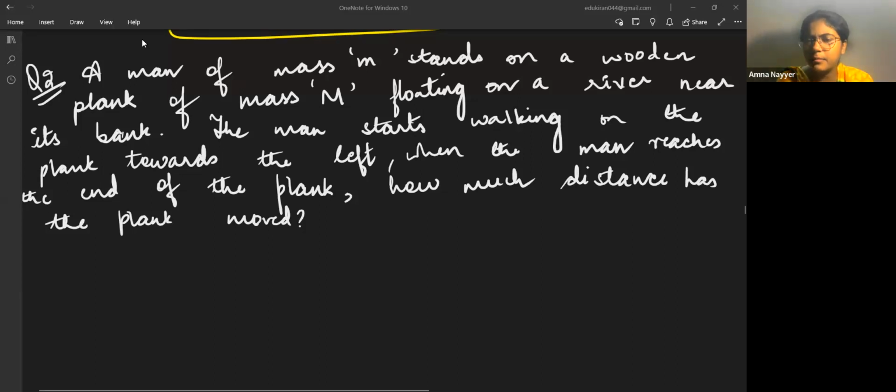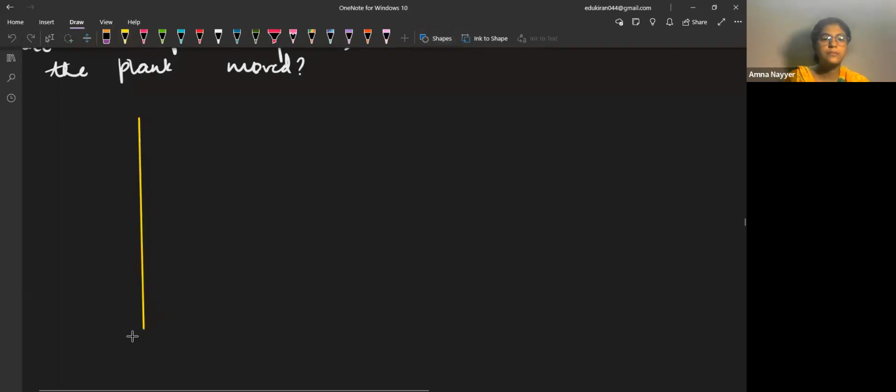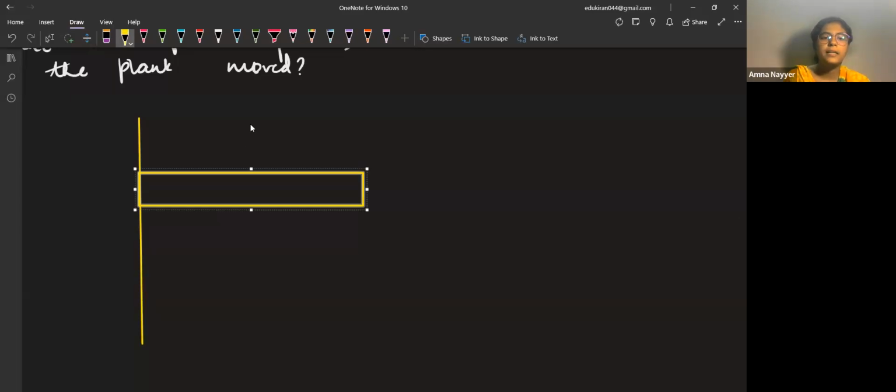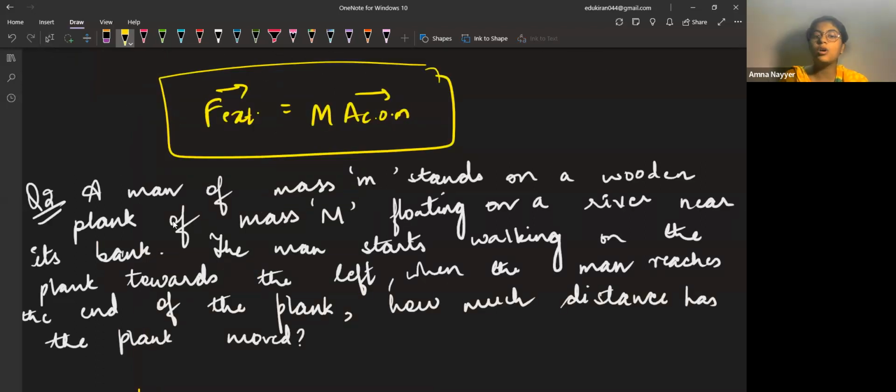Let's discuss it, class. I think enough time has passed. See, it says that a man of mass small m stands on a wooden plank of mass capital M. So man is there, fine. So the mass of this wooden plank is capital M. What is the mass of the man?